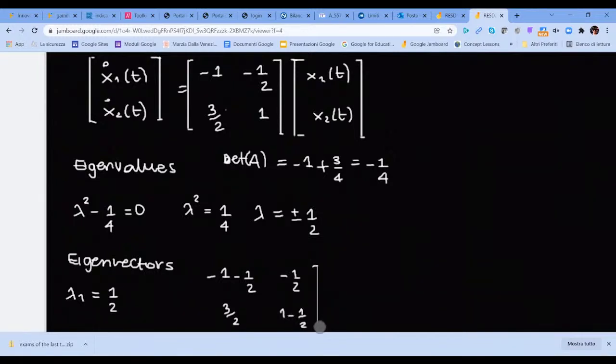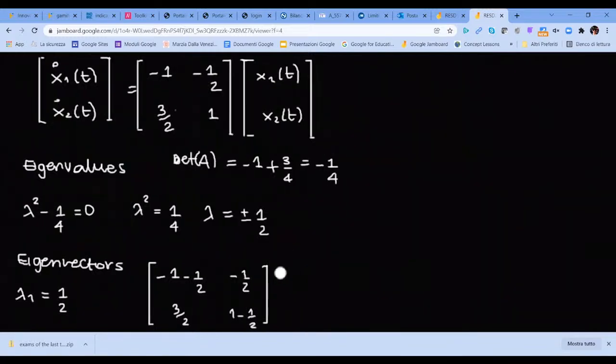And we have to solve the homogeneous system where this matrix multiplied by x1 and x2 is equal to 0, 0.